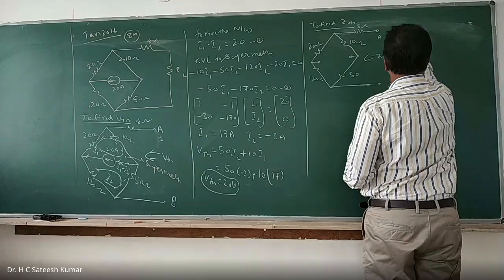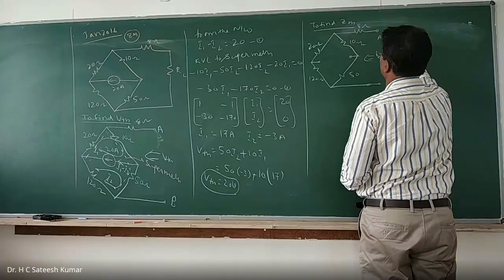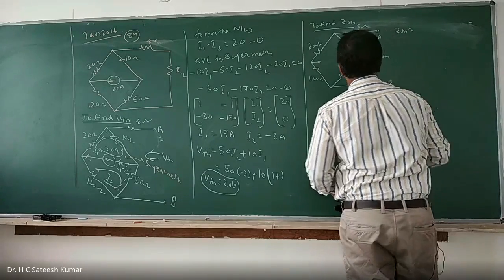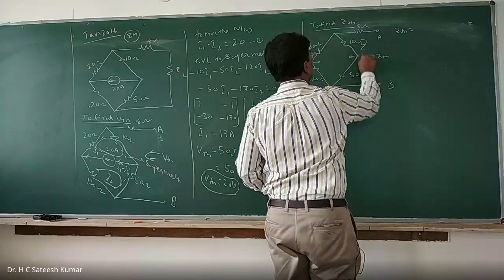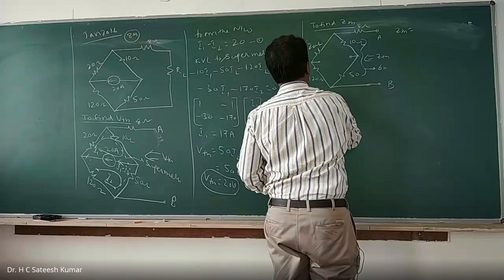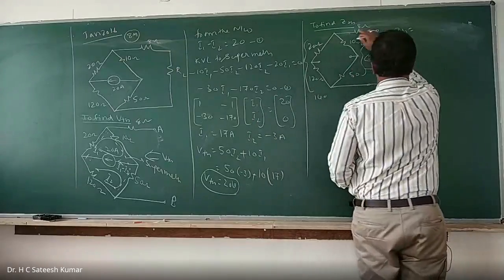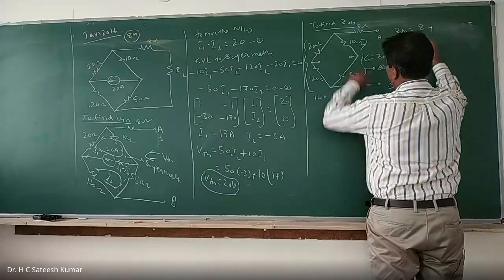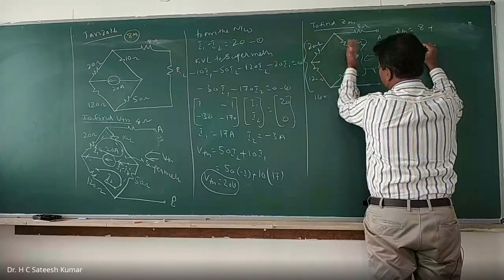Therefore, what is this ZTH? ZTH is equal to 50 plus 10, and these two will be combined together, 60. These two will be combined together, 140. This is in series with 8. This and this will be parallel.